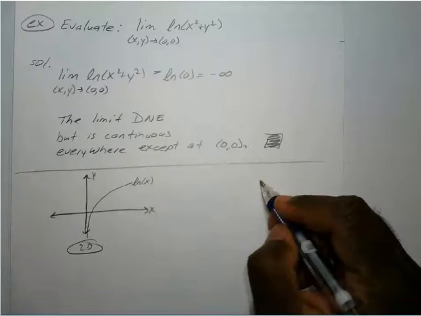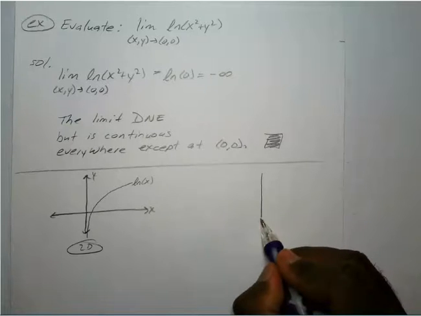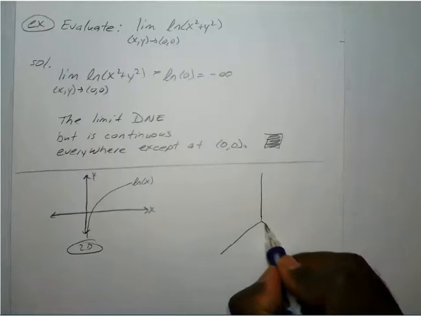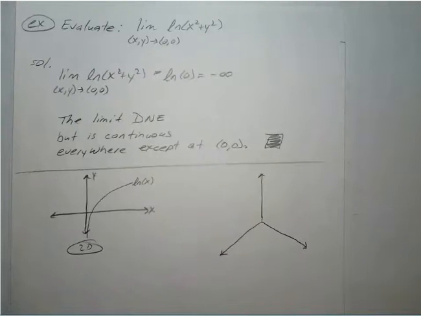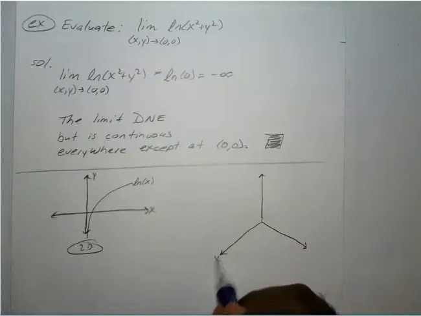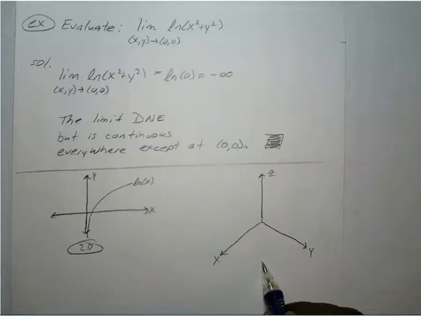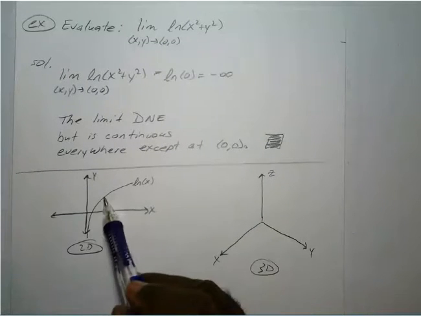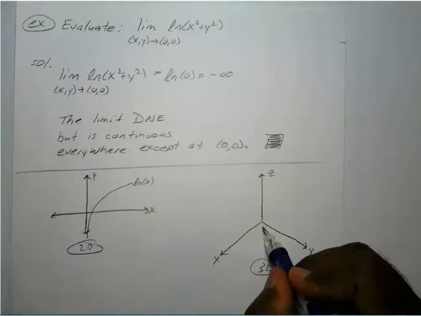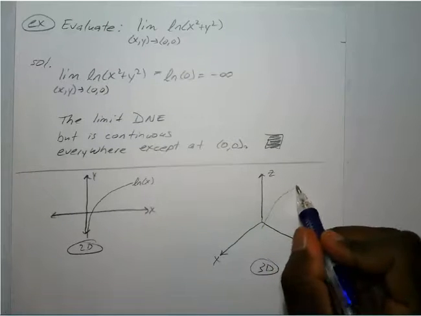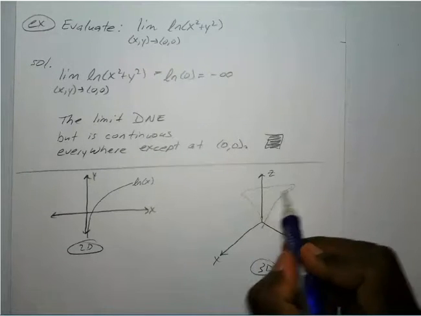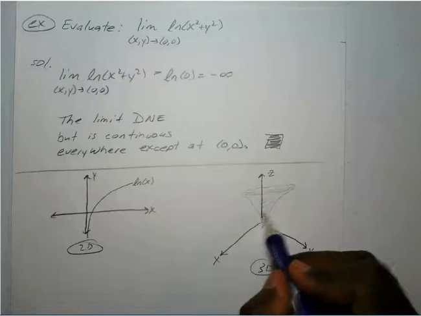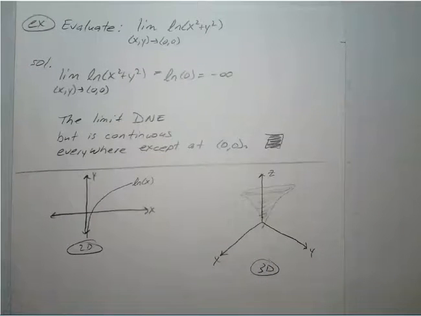Okay, now in 3 dimensions, you have your natural log of x squared plus y squared. That kind of looks like a funnel. It kind of looks something like that.